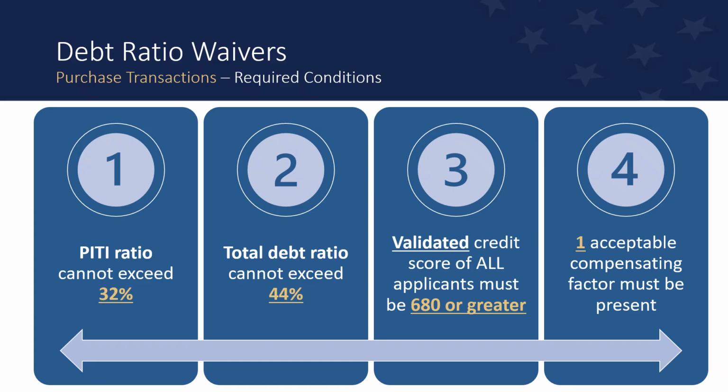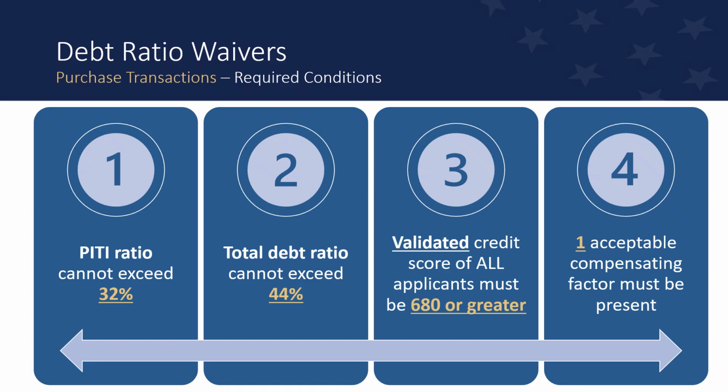The applicant's PITI ratio may exceed 29% and the total debt ratio may exceed 41% if the lender determines that strong compensating factors demonstrate that the household has higher repayment ability. The lender must document eligible compensating factors to support a debt ratio waiver.